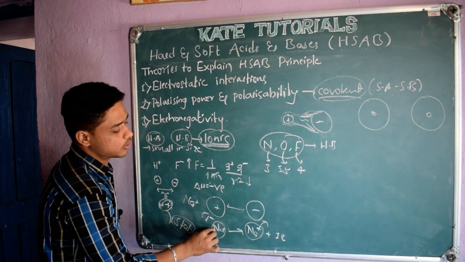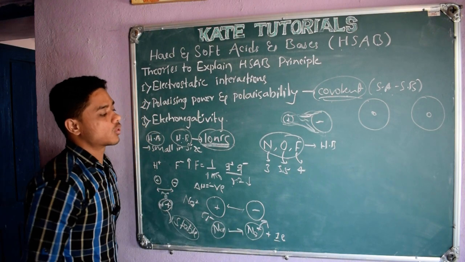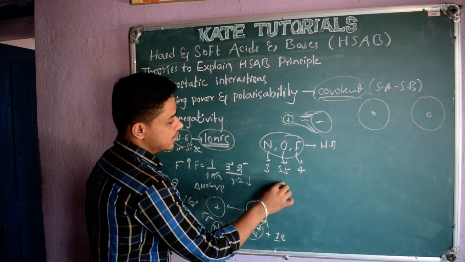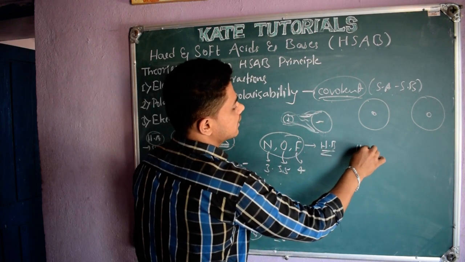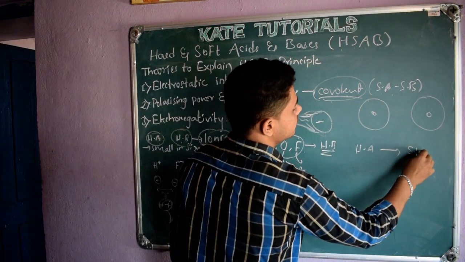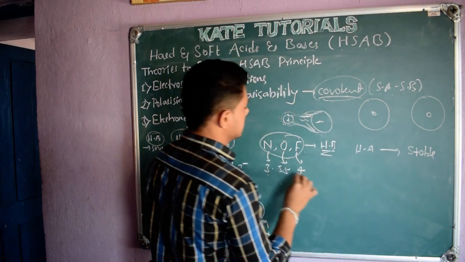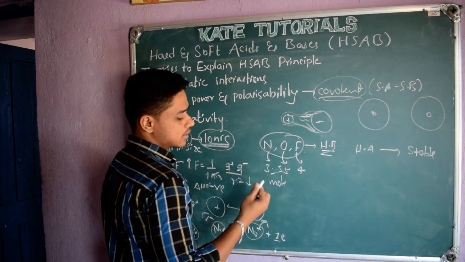Na is more electropositive, but after losing one electron, Na+ is more electronegative. So whenever sodium reacts with these hard bases, sodium being a hard acid, they form a stable complex.